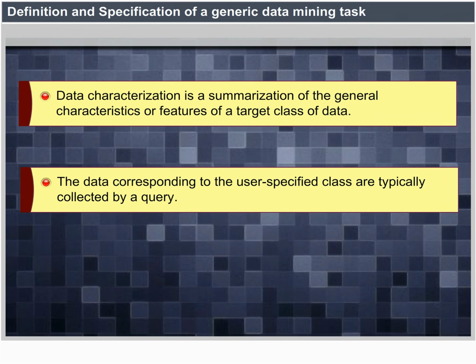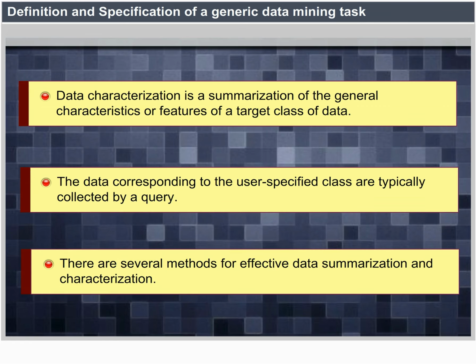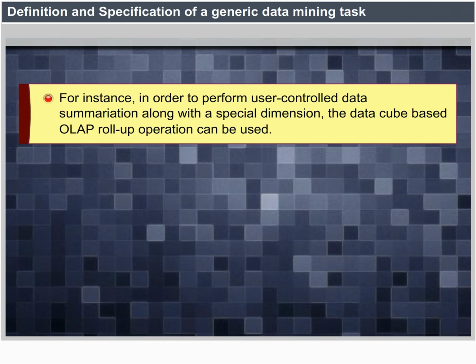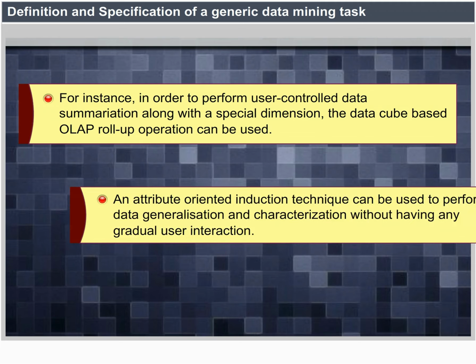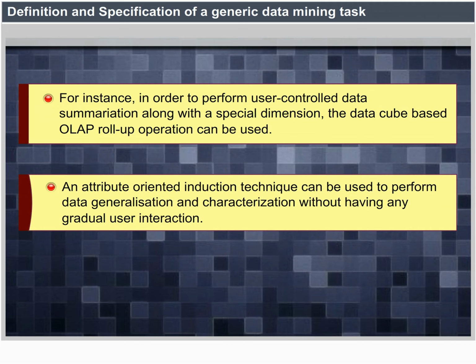There are several methods for effective data summarization and characterization. For instance, the data cube-based OLAP roll-up operation can be used to perform user-controlled data summarization along a specified dimension. An attribute-oriented induction technique can be used to perform data generalization and characterization without step-by-step user interaction.